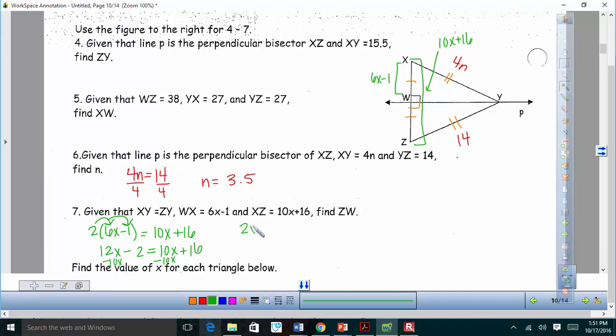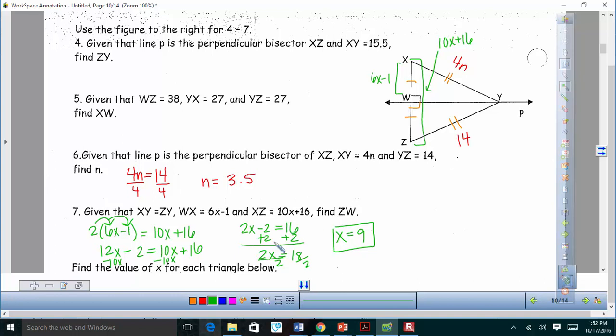That gives me 2x minus 2 equals 16. Then to get x by itself, we would have to add 2 to both sides, which would give me 2x equals 18. And finally, we would divide by 2, and x equals 9. Okay? It tells me to find ZW.